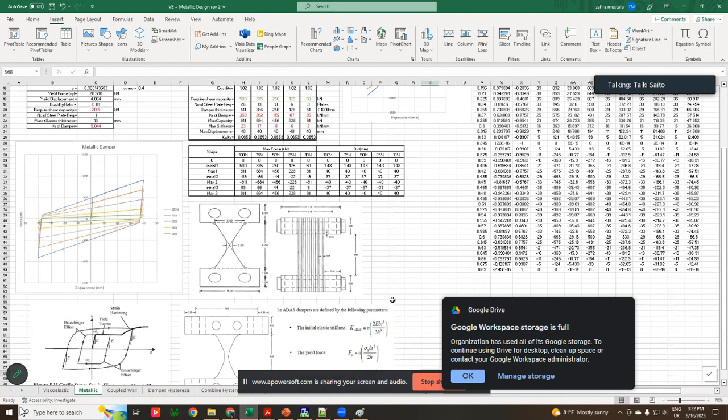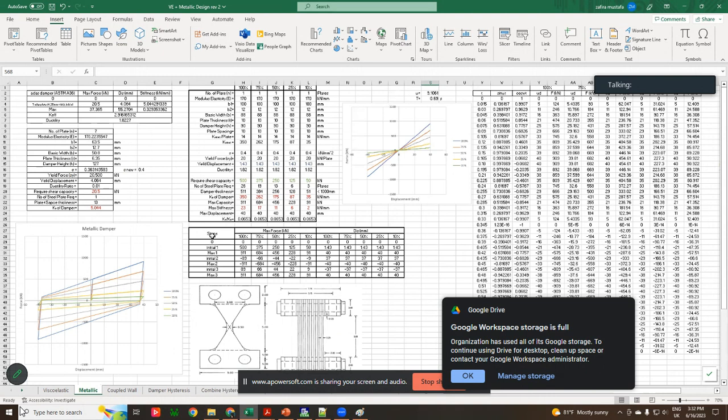But why do you have a second slope? In the one that I calculated, they have a second stiffness, a second slope, not totally zero.